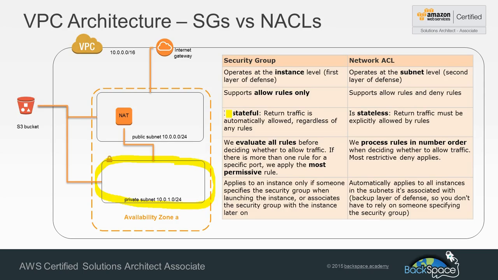In contrast, a network ACL automatically applies to all instances located in the subnet it's associated with. It's a backup layer of defense, so you don't have to rely on someone specifying a security group. So any instance that is launched within this private subnet will be associated with the network ACL for that private subnet.